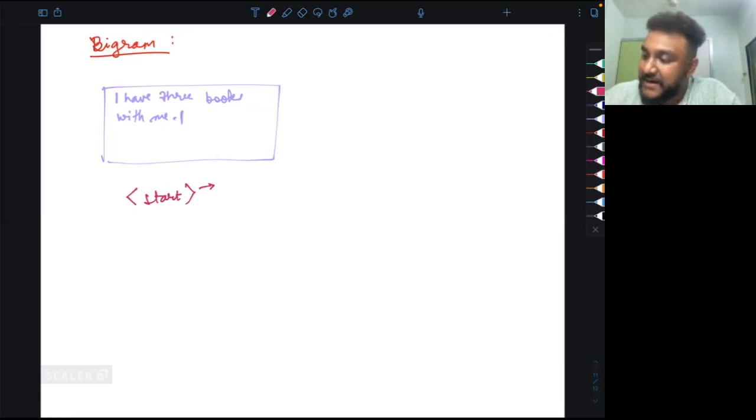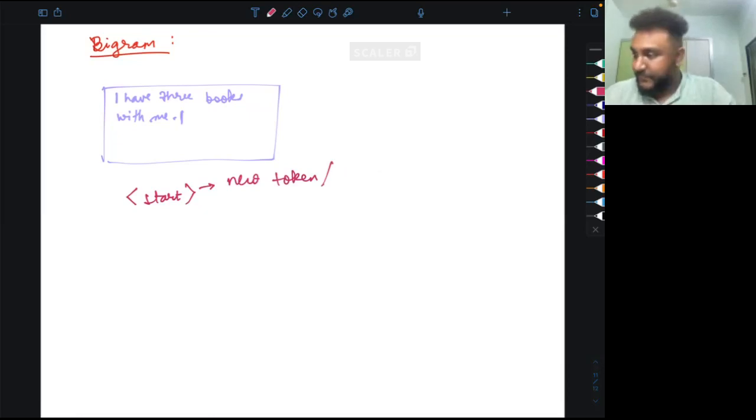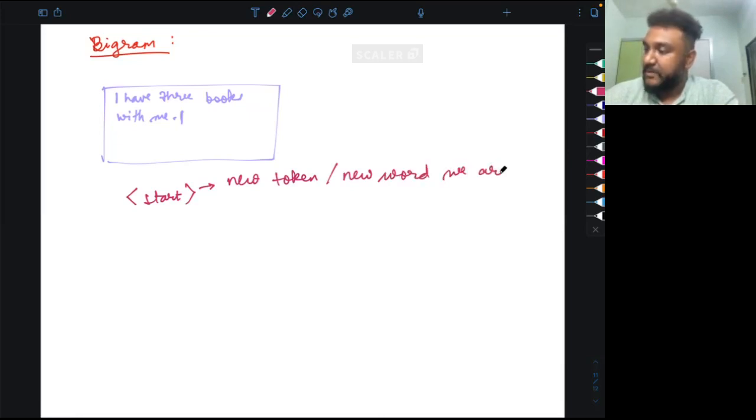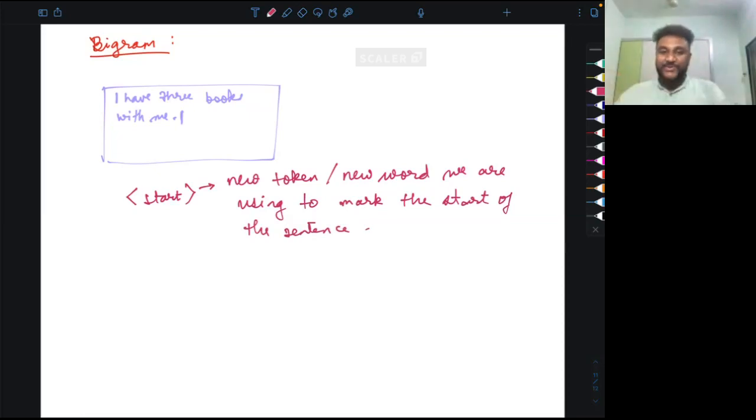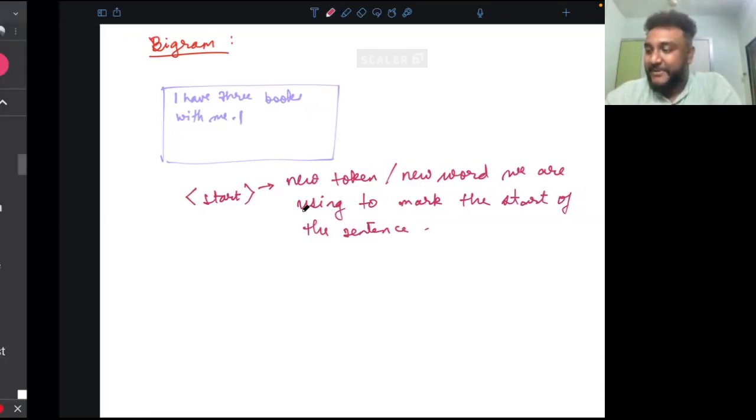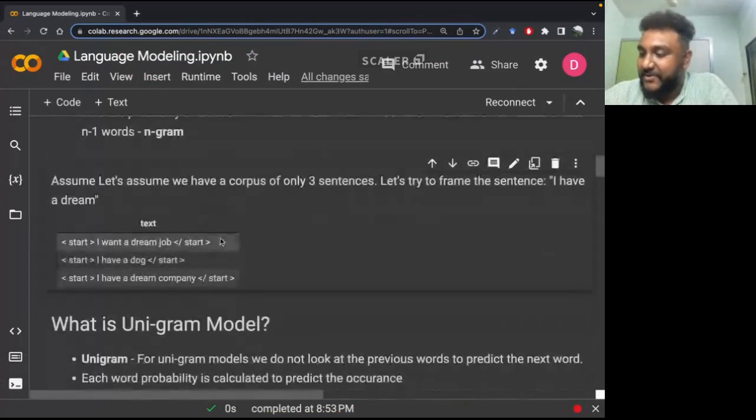The start is a new token, a new word we are using to mark the start of the sentence. Okay, let's see how to use this with an example.